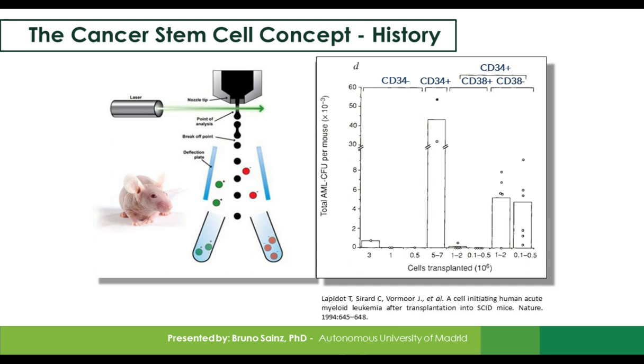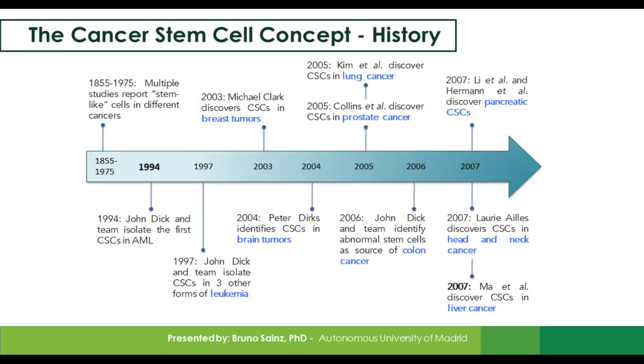They went one step further and also used CD38 and isolated both CD34 positive, CD38 positive cells and CD34 positive, CD38 negative cells. And it was the latter population, the CD34 positive, CD38 negative cells, that were the tumorigenic cells. So this also showed that within the cancer stem cell population, there's a hierarchy, and sometimes multiple cell surface markers need to be used to identify these very rare and tumorigenic cells.